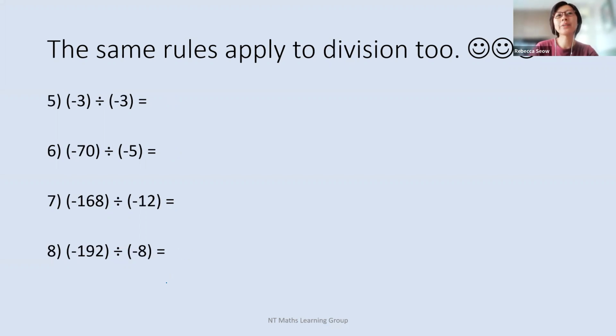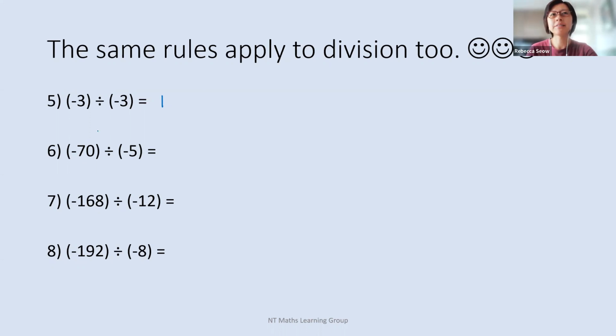Now, this is the one where you have both negative signs dividing each other. Answer will be positive, right? Yeah, so negative 3 divided by negative 3 is as good as 3 divided by 3. Negative 70 divided by negative 5. Answer is positive.